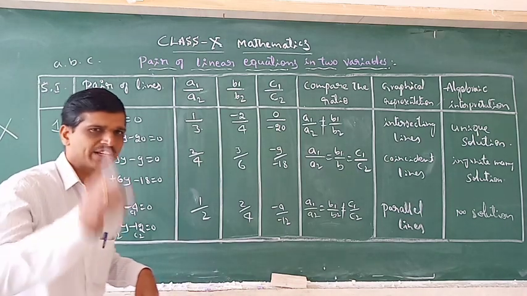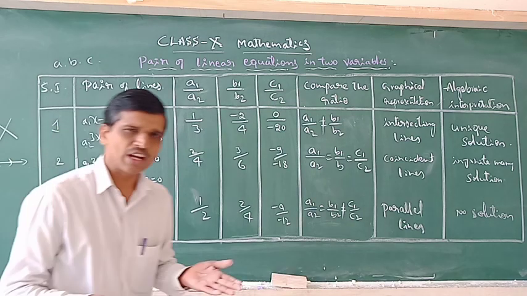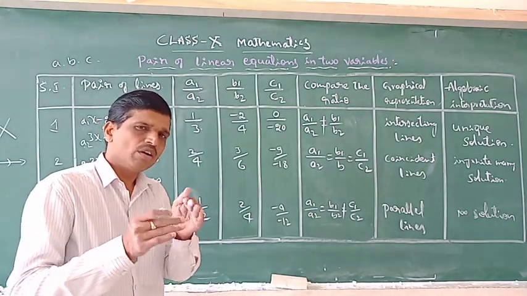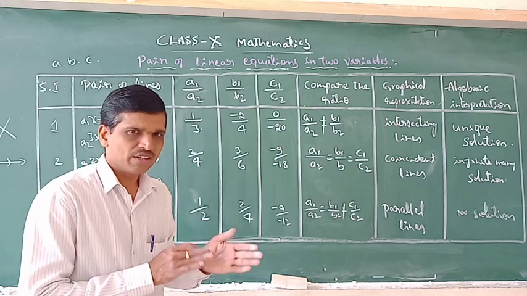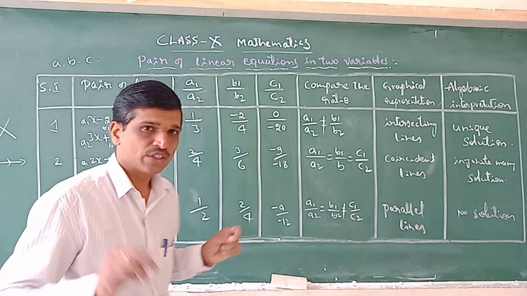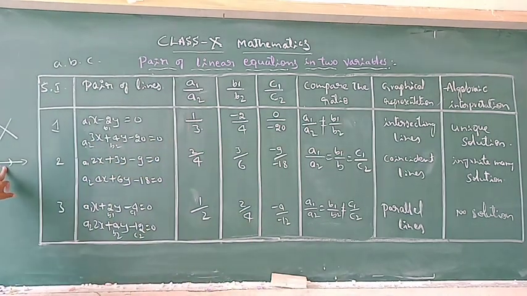Means they are intersecting at one point. If lines are intersecting at two distinct points, means there are infinitely many solutions, because not only two, the two lines may be coincident. Means they touch one another, intersecting one another at so many points. That is why the lines are coincident, and that is why it is known as infinitely many solutions.